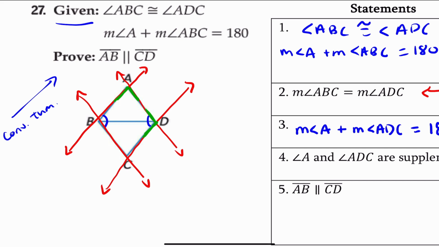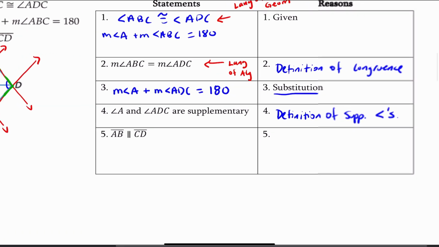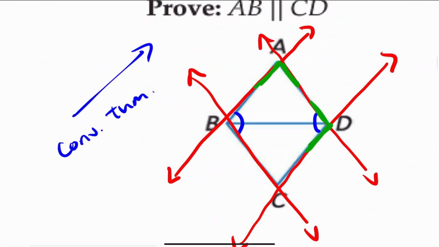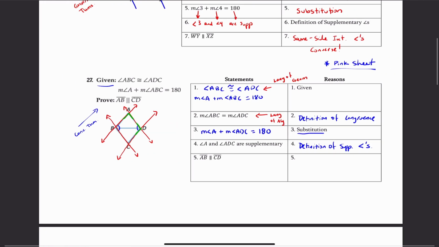With these two lines cut by a transversal, these angles are on the same side of the transversal, and they are also supplementary. So therefore, segment AB is parallel to segment CD. And that's when we use our converse theorem here.